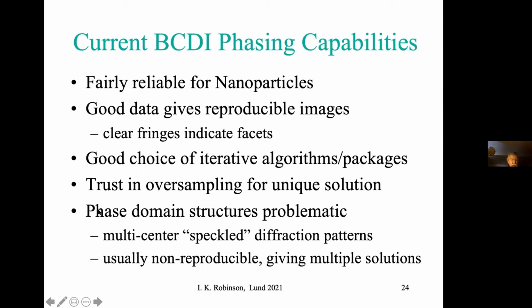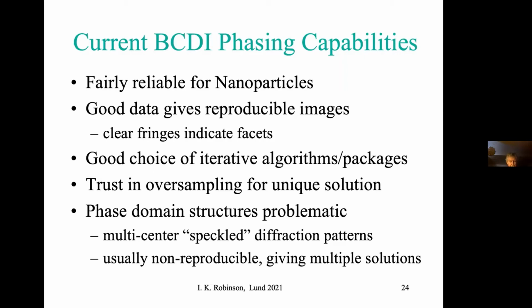Okay, so the problems start arising when we have what I call phase domain structures, which are structures where there are blocks of material inside the crystal domains which are shifted relative to each other. This can arise due to stacking faults or impurities, or sometimes basic physics phenomena such as charge density waves inside materials.